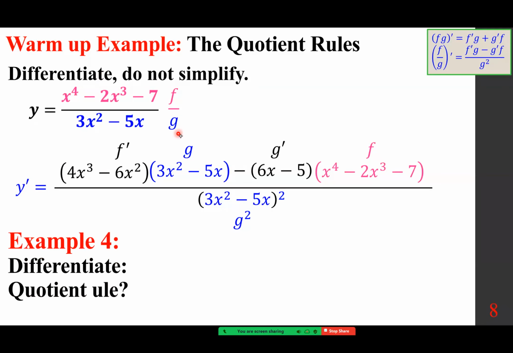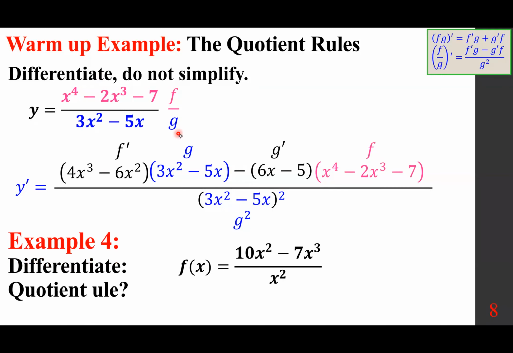However, are we using the quotient rule here, or better yet, do we need to use a quotient rule? Of course you can use it, but you don't have to, because all you have to do is make up two fractions. This is 1, gives you 10. This is another one, gives you minus 7x.